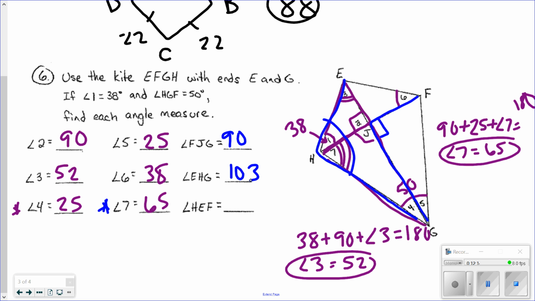And lastly, we have angle HEF. We talked about angle 3 being right here. That was equal to 52, which means this angle here is also equal to 52. To figure out this entire angle, I just need to add those two angles up, and you get 104.